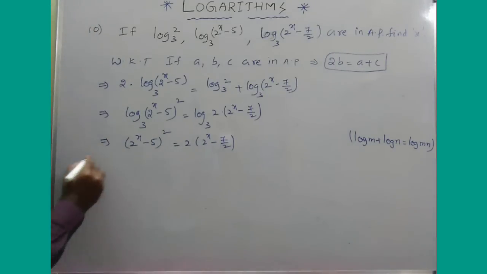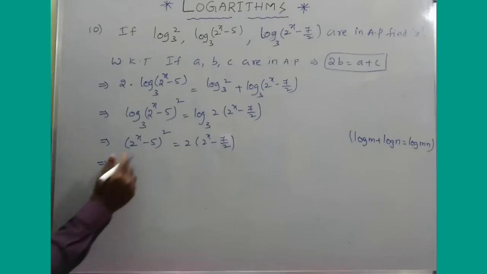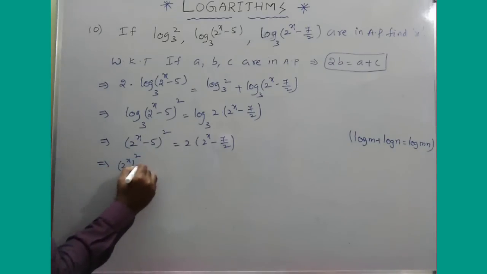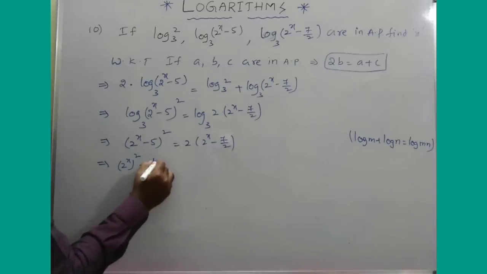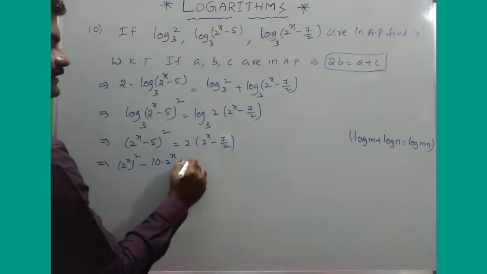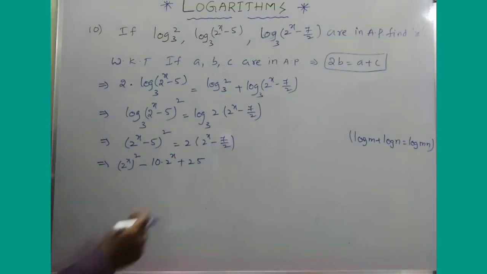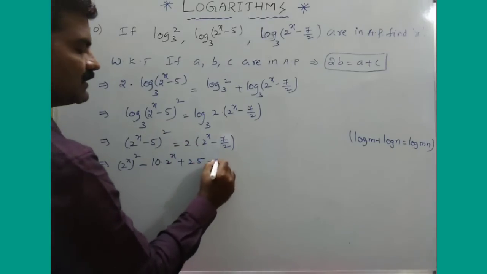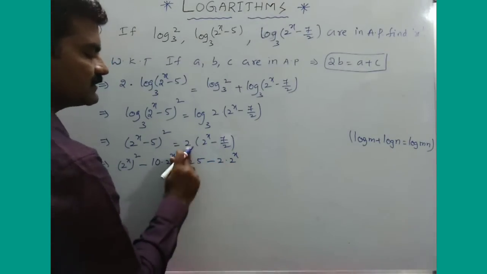Let us expand this using the formula (a minus b) whole square: a square, that is (2 power x) whole square, minus 2ab, which is 10 into 2 power x, plus b square, which is 25. Bring these terms to this side: minus 2 into 2 power x.